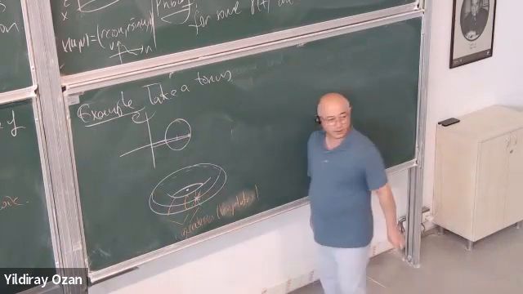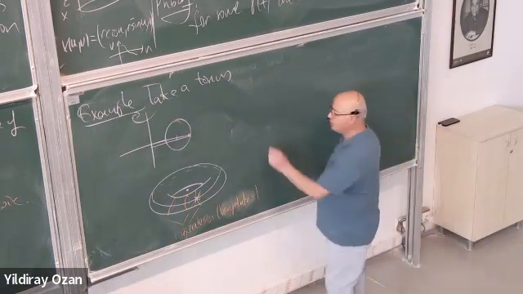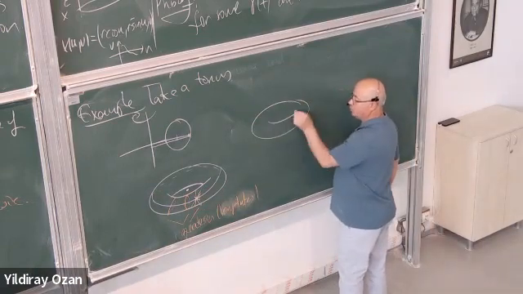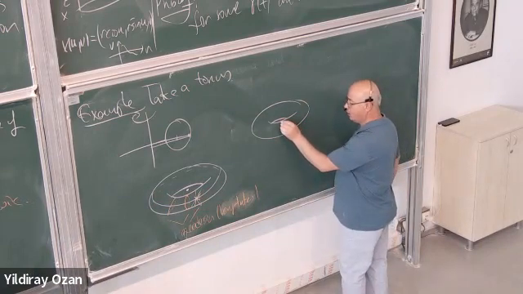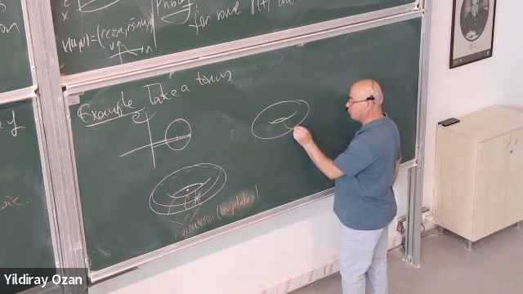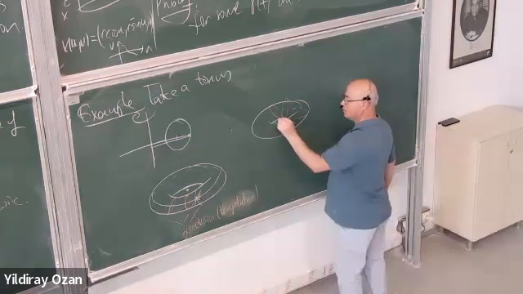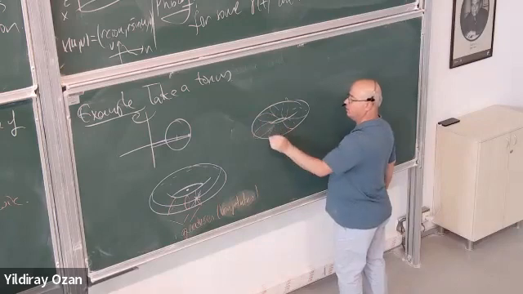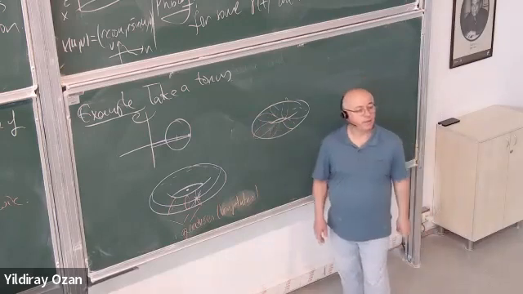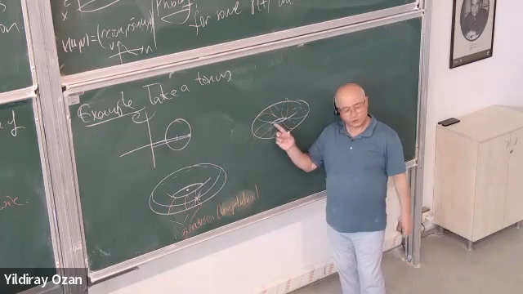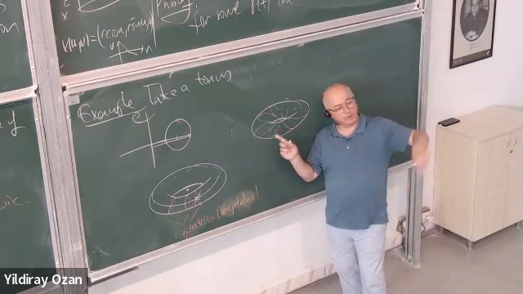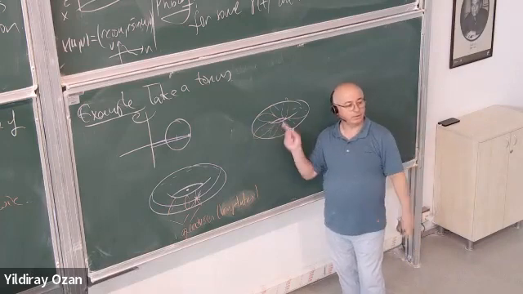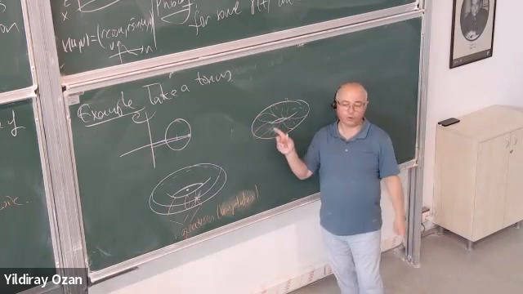And geodesics on the torus usually look like this, okay? They go like this. And usually they don't close up, okay? They continue like this infinitely many times. They fill the whole torus actually.